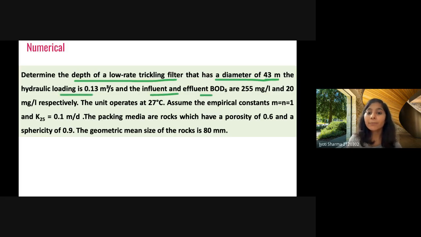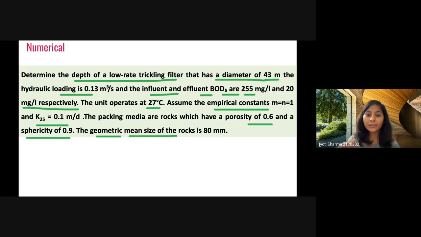Influent and effluent BOD is 255 and 20 mg per liter, and the unit operates at 27 degrees Celsius. Empirical constants are also given: m is equal to n is equal to 1, and K25 is also given. Then you also have the porosity, that is given 0.6, and a sphericity 0.9, and geometric mean size of rock. So this is the dimension of the media they are giving.